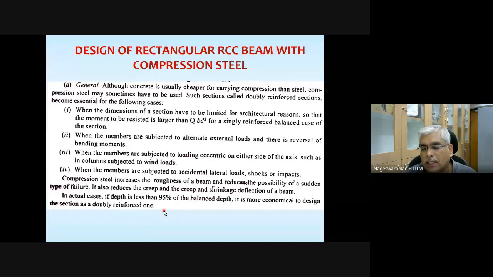So yesterday you got a feel, if you really followed the example that we looked at, that for an 8% decrement of depth, if you design it as a singly reinforced section, the amount of tensile steel that you need to provide is increased by almost 63%.